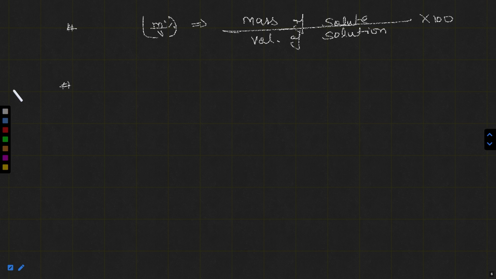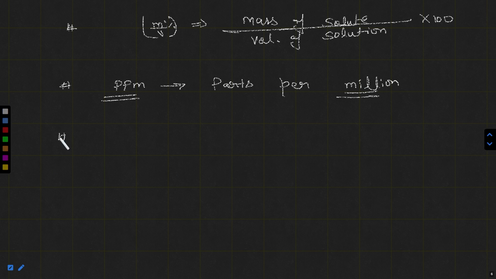Now here are some other formulas as well, like ppm. What is ppm? It is parts per million. A very few particles of solute are present in solution. In that particular case, we can calculate the concentration in terms of ppm.